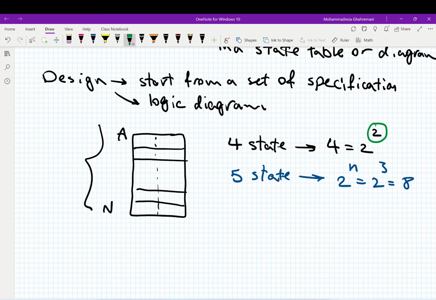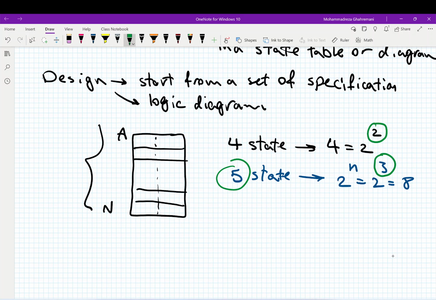So if our state table has 5 states, we need 3 flip-flops to implement the state. Okay, so more states means more flip-flops. More flip-flops means more complexity and more circuits and components, and so the system will become more expensive and slower.